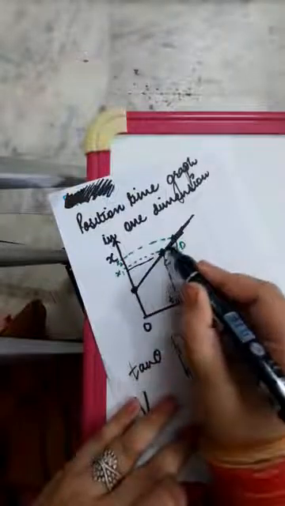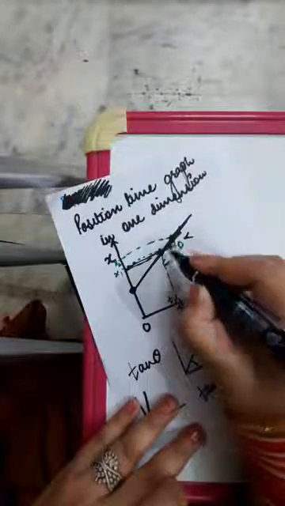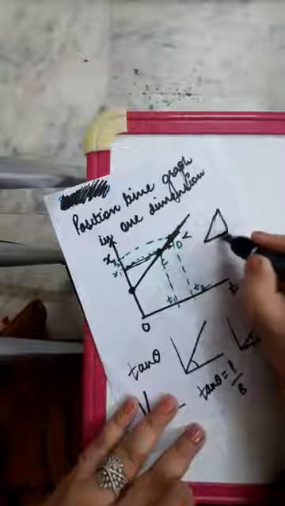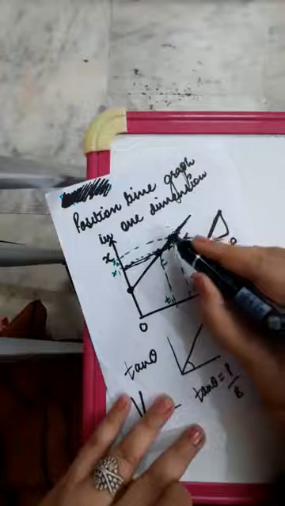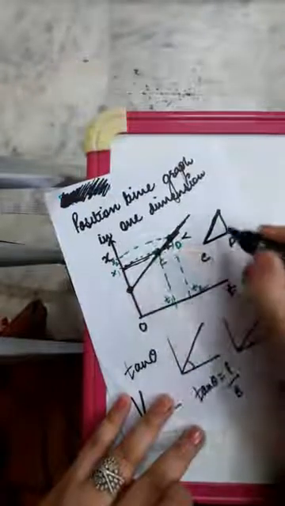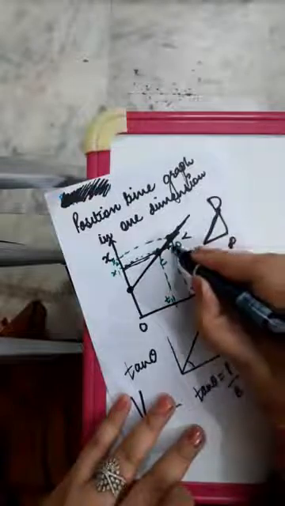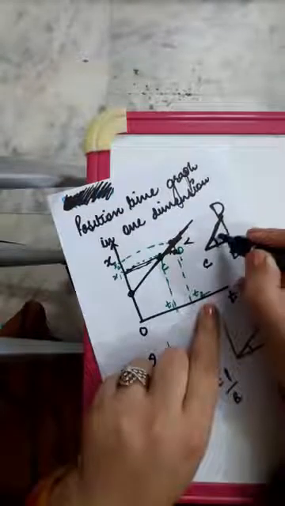Now I am going to extend this line, so this angle will be alpha. I'll draw a magnified image of this triangle C, D, and let us suppose this point is E. So this is C, D, E, and this angle is alpha.